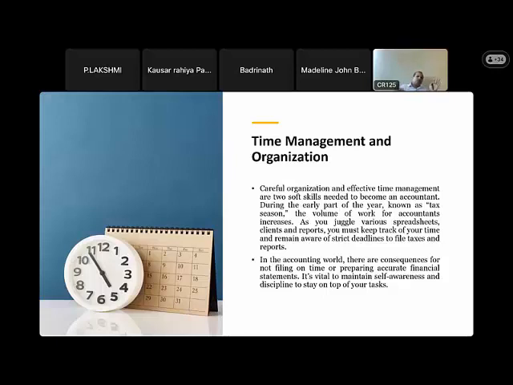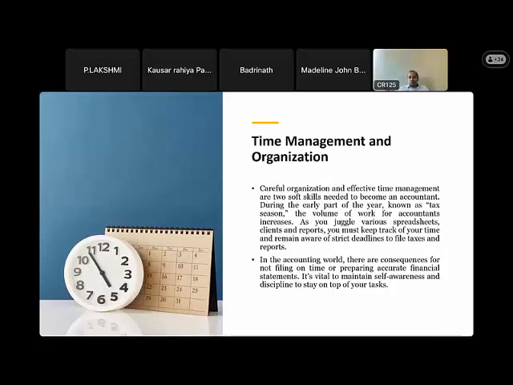Okay. So there are many organizations who are not particular about timing, so they fail to create that impression with the government. They always face a lot of turbulence and difficulties from the department also, because the department suspects your credibility. In the accounting world, there are consequences for not filing on time.